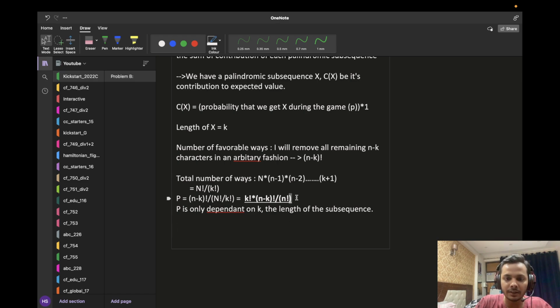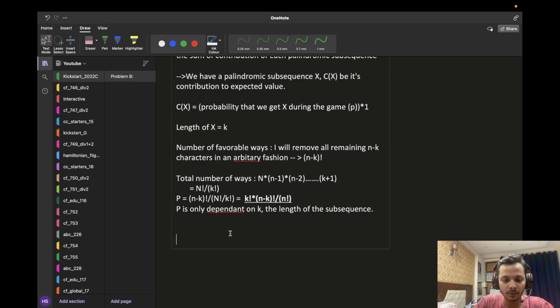We will multiply it with the total number of palindromic subsequences of length k and sum up over all k, and that will be our answer, right? Because we can take all the palindromic subsequences of a particular length together, because their contribution to the expected value will be equal.